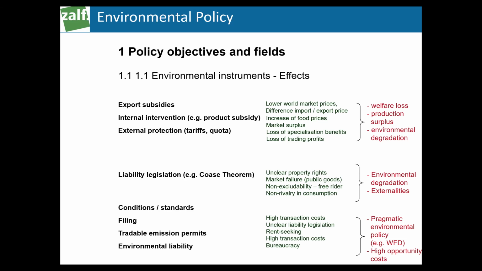Exactly. That's a very good point, because you cannot tell afterwards, if we have a problem, now farmers, you have to pay. Because you're the polluter, you cannot say it, because you allowed it for like 50 years to produce, to pollute the environment. And then you cannot say in our legal system, now you're the polluter, now you have to do it. You can only say, okay, we set up a new rule.